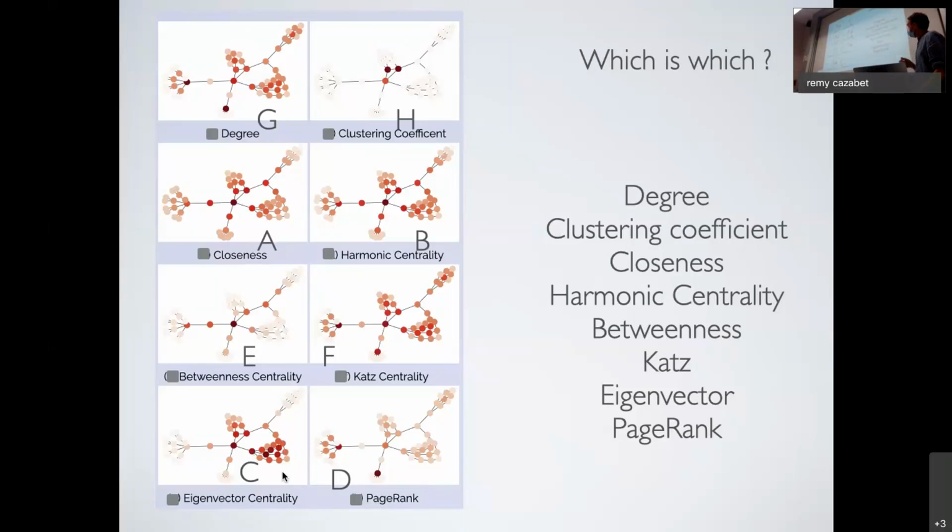And PageRank is this one, in which you see that important nodes tend to also have many connections, other pages linking to them. Like this page is, let's say, at the top of a hierarchy of links.